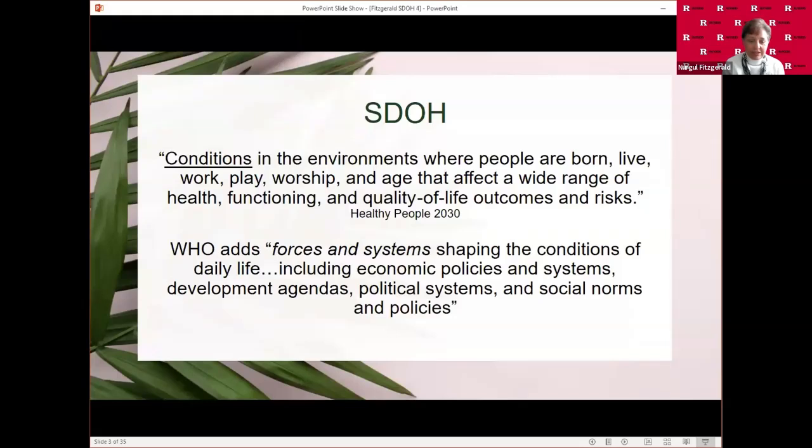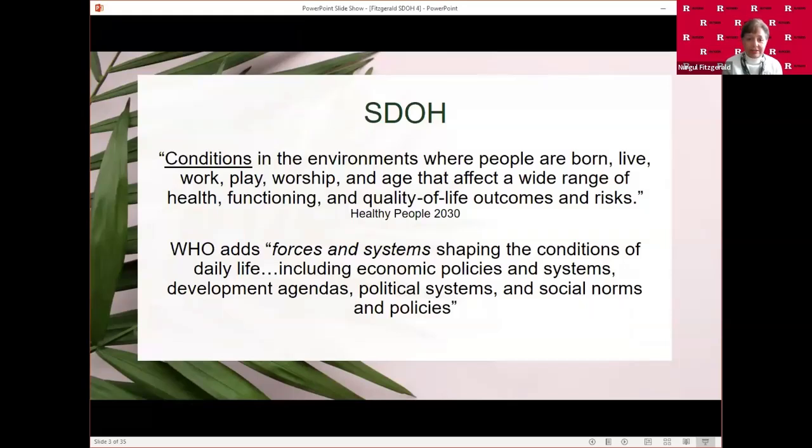One of the definitions used widely, especially in the United States, is shown in the Healthy People 2030 and in previous versions of it as well. It is defined as conditions in the environments where people are born, live, work, play, worship, and age.